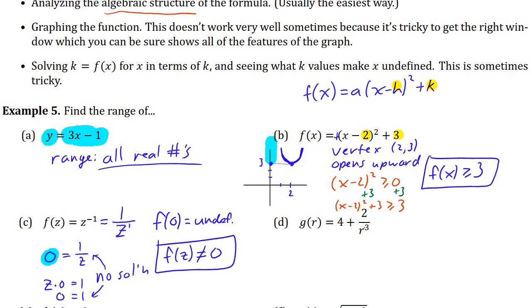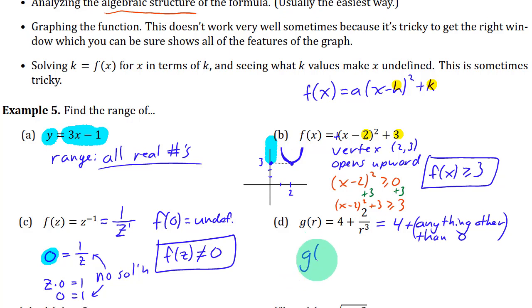And then when you do 4 plus that, you're going to get 4 plus anything other than 0. So the result is going to be anything other than 4. So looking at it that way, the range of this is g of r is not equal to 4.